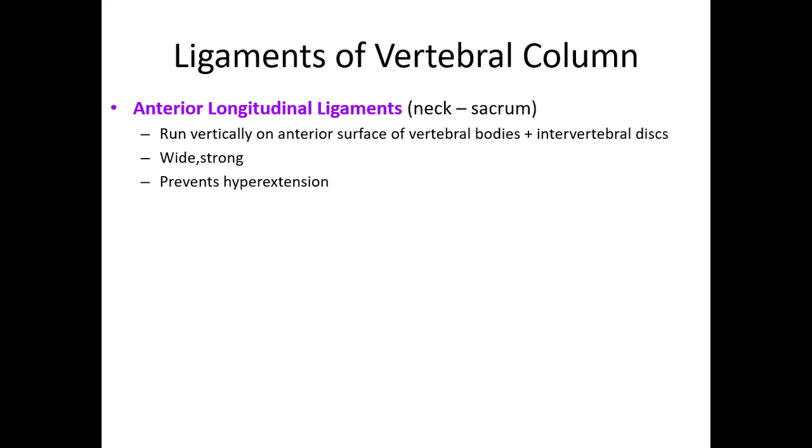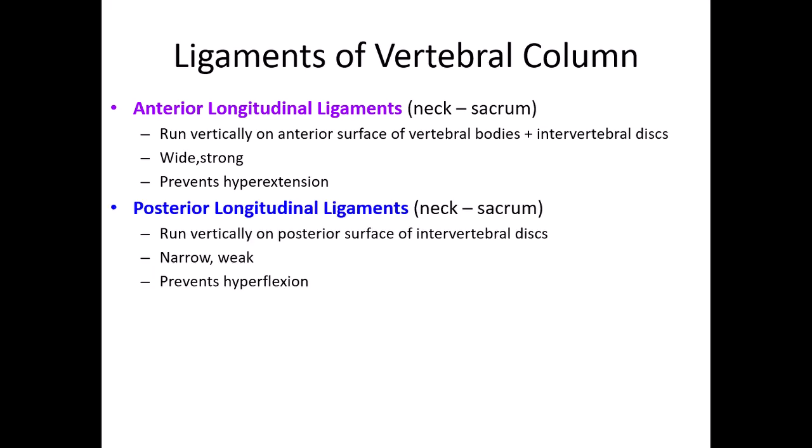There is a posterior longitudinal ligament, which is narrower, it's thinner, and it's weaker. It runs on the posterior surface of the intervertebral disc. So it's actually inside the vertebral canal. Remember, when you stack up your vertebrae, you form a three-dimensional passageway for the spinal cord called the vertebral canal.